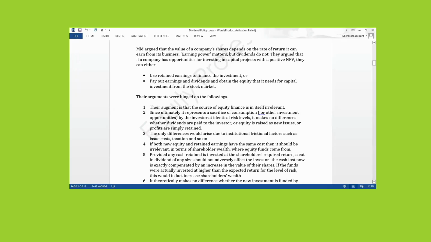To M&M, if a company is not paying dividends, then the money must be reinvested in viable projects.